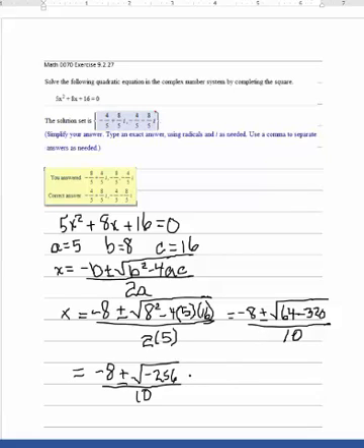All right, now 256 is actually one of our perfect squares. So this is negative 8 plus or minus the square root. I'm going to rewrite this radical as the square root of 256 times the square root of negative 1. And that gets divided by 10.